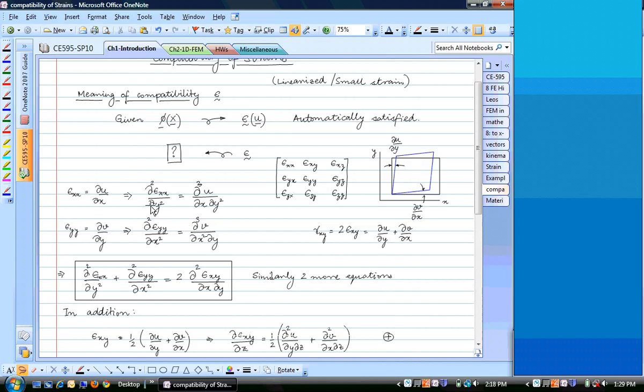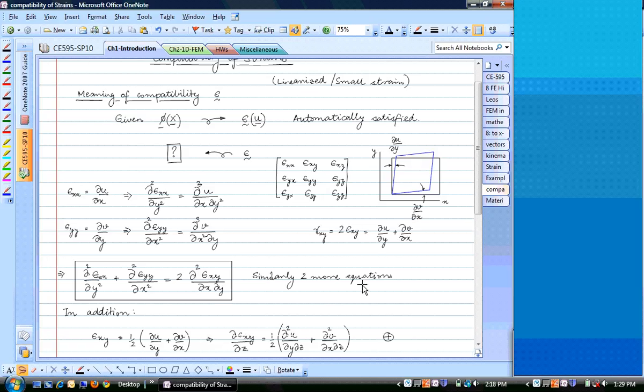On the right hand side, you can take dx dy out common, and what you will be left with is epsilon xy. So this is one condition that tells you the relationship that must hold between exx, eyy, and exy. So this is one condition of compatibility that involves only x and y.